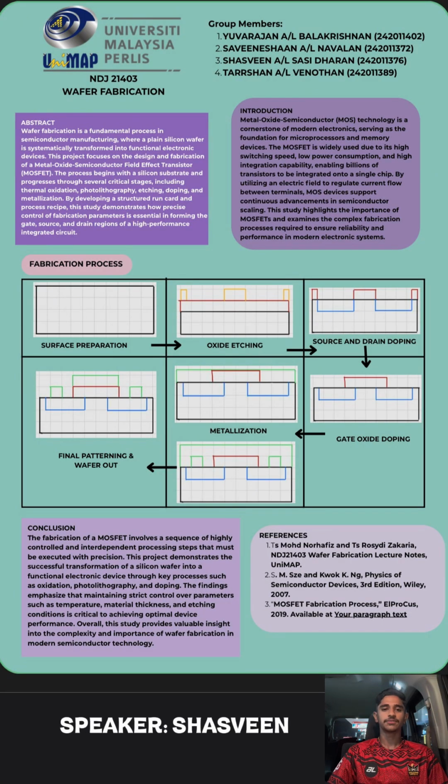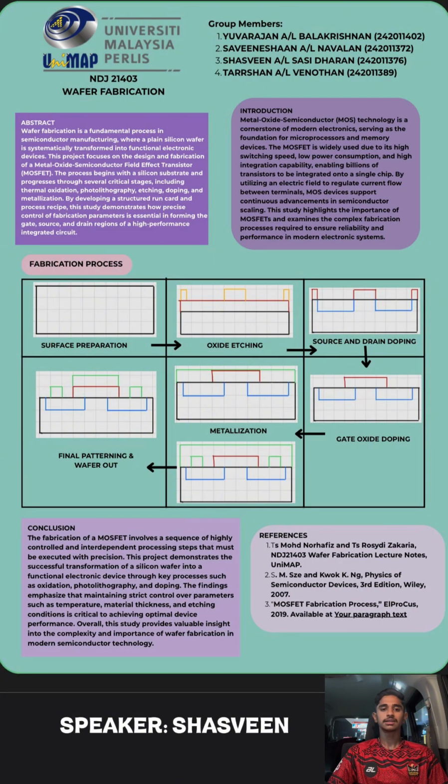After completing the fabrication process, a MOSFET device structure was successfully formed on the silicon wafer. The final device consists of several key components, including the silicon substrate, source and drain regions, gate oxide layer, and gate electrode. The source and drain regions were successfully defined through the doping process, allowing current conduction within the device. A thin silicon dioxide layer acts as the gate oxide, providing insulation between the gate and the substrate.